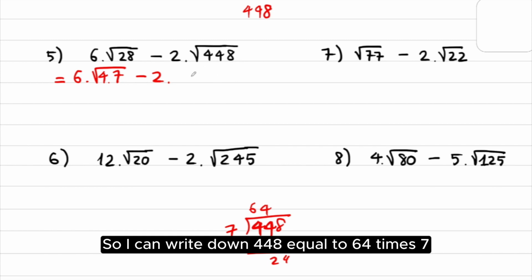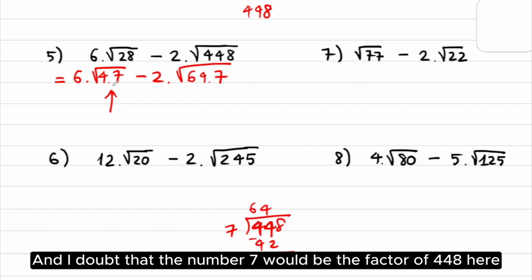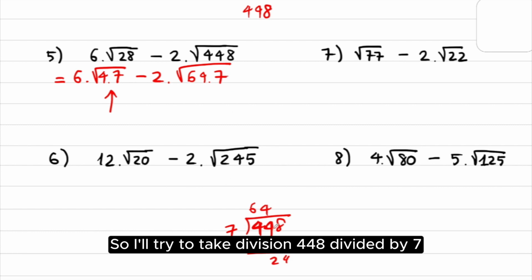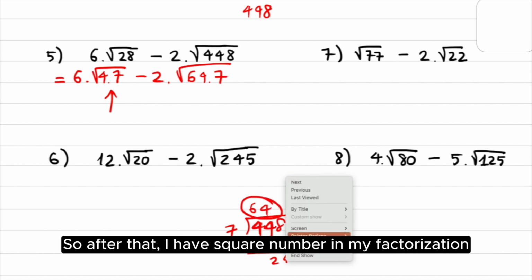So I can write down 448 equal to 64 times 7. I divide by 7 because I look at this and I suspect that the number 7 will be a factor of 448. So I'm trying to take division. 448 divided by 7, and I got the result 64. So after that I have a square number in my factorization.